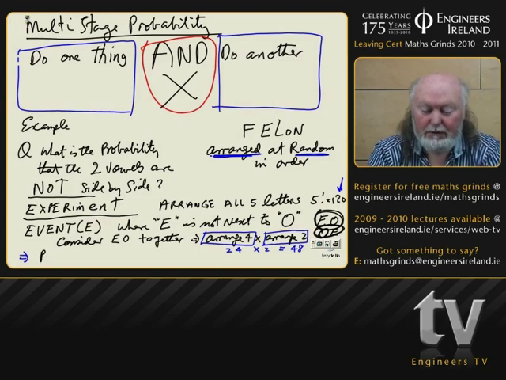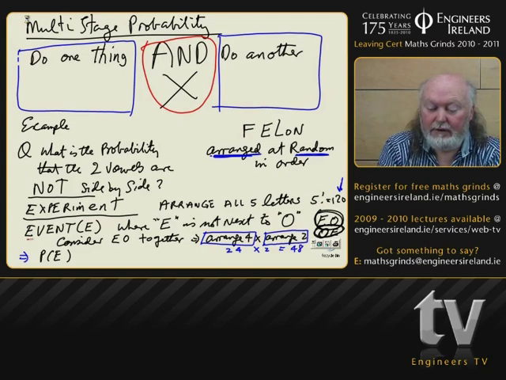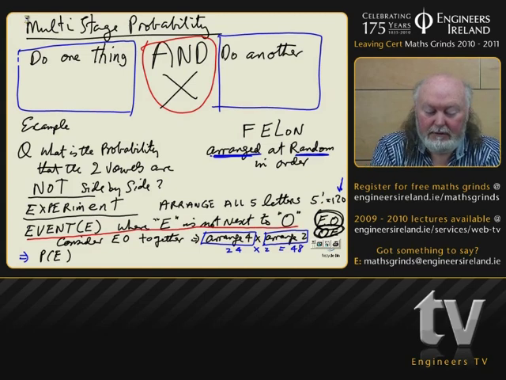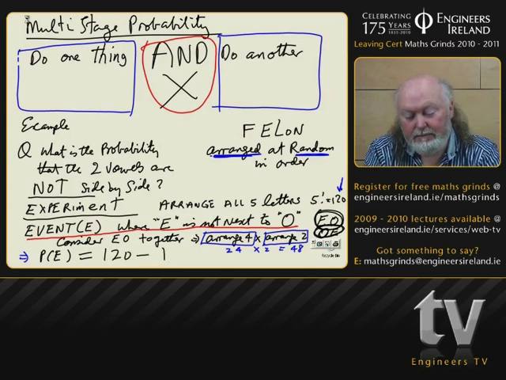Probability of the event that we were asked. And you can see the event, it's written here, where E is not next to O. It must be equal to the unrestricted condition minus the opposite restriction.